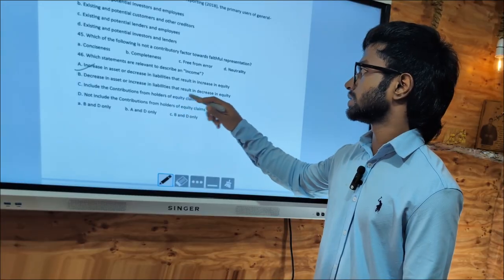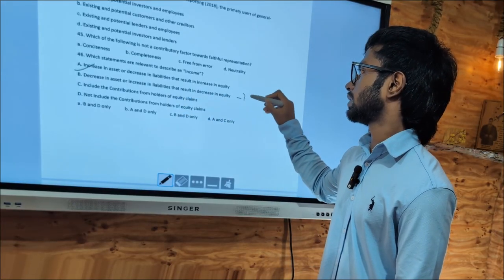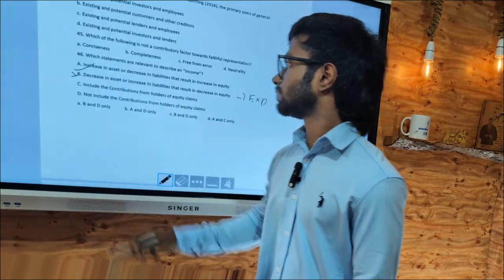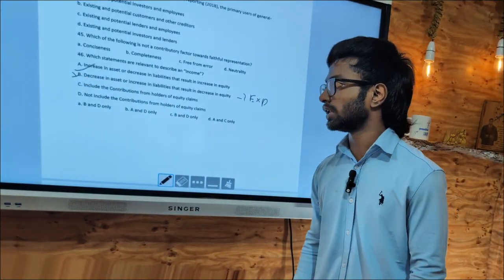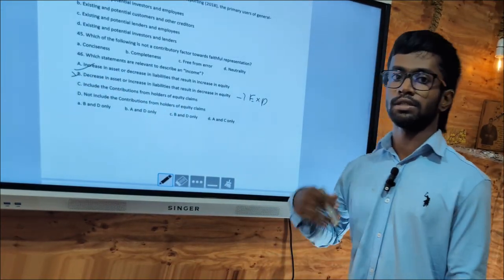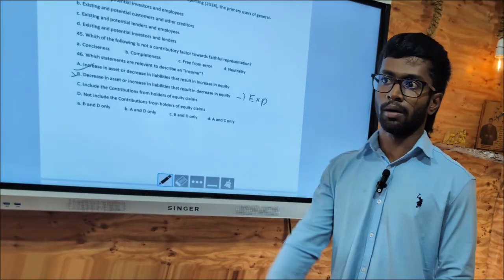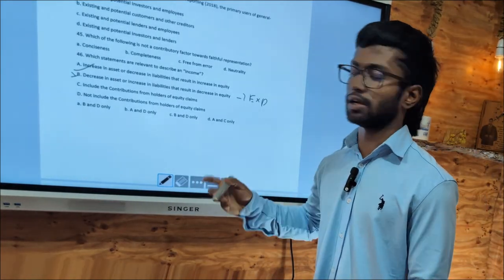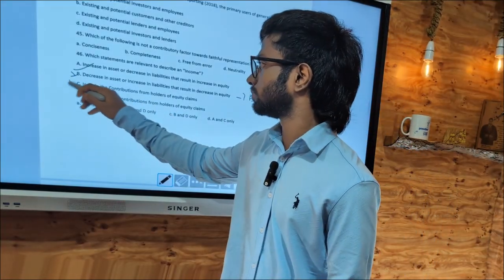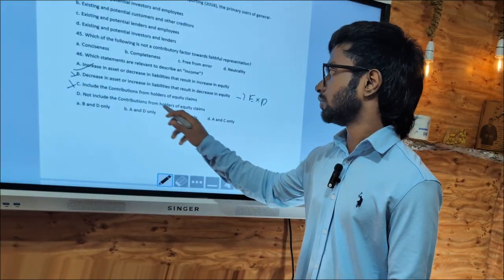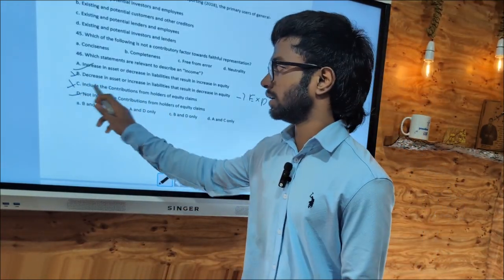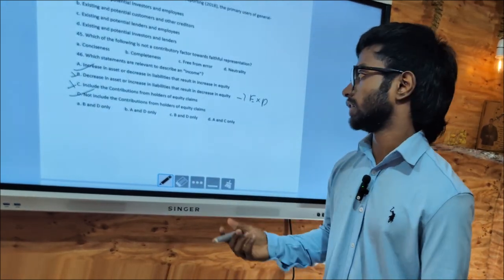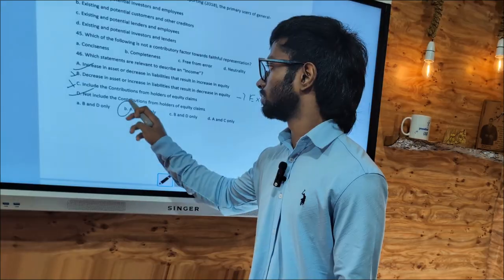Decrease in asset, increase in liability, that is an expense. So B doesn't come. Include contribution from holders of equity claims. So what that means is it includes amount invested by the owner. Additional capital is not an income. So C doesn't come. Not include contribution from holders of equity claims. Yeah, it doesn't include, because you are getting this income from operations, right? So A and D, answer number B.